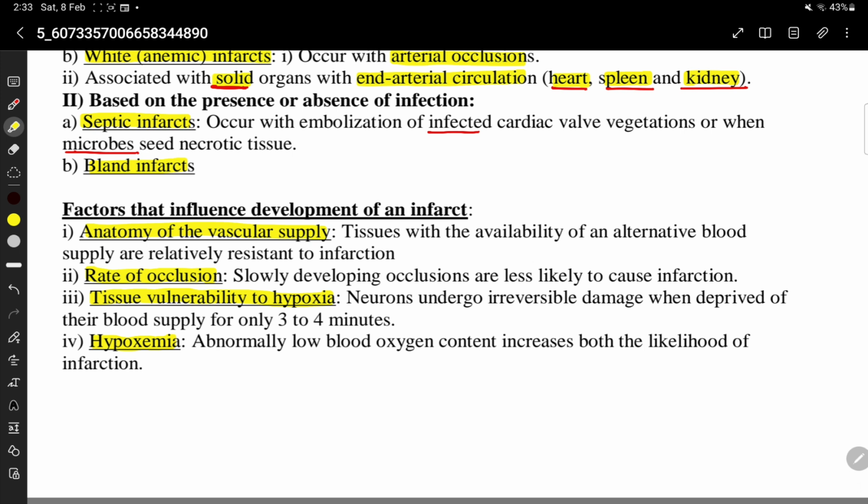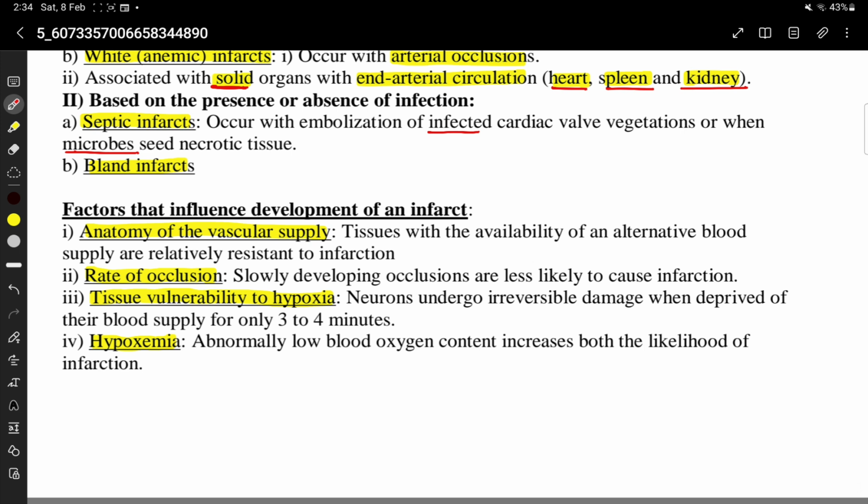Tissues with availability of alternative blood supply are relatively resistant to infarct. अगर कोई टिश्यू है जिसमें एक ऑल्टरनेटिव ब्लड सप्लाई अवेलेबल है, that is relatively resistant to infarct.